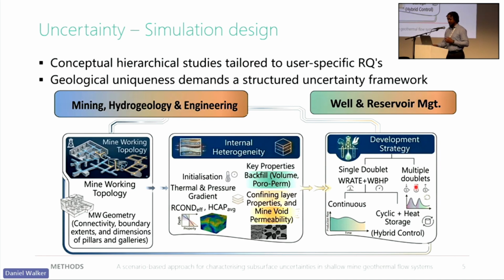Another question that comes to mind again is, how am I initializing temperature in the model? Am I using a simple gradient-based initialization method, or I have different temperature logs and I'm able to create a full 3D temperature model? Because these things actually affect the way your thermal plume propagates.